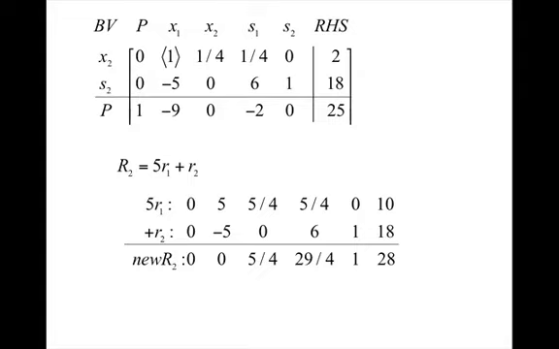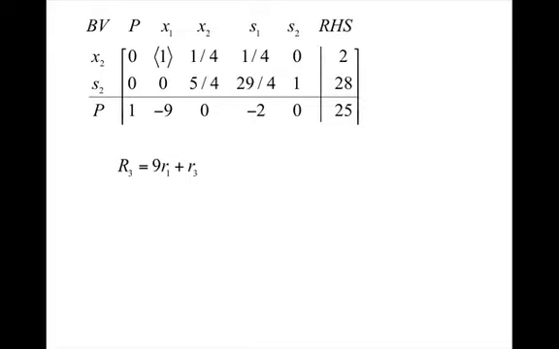Well, when I do this, 0 plus 0 is 0. 5 plus a -5 is the 0 that I wanted. 5/4 plus 0 is 5/4. 5/4 plus 6 is 29/4. 0 plus 1 is 1, and 10 plus 18 is 28. This becomes my new row 2. So replace row 2 with this new row 2, and then keep rows 1 and 3 the same.